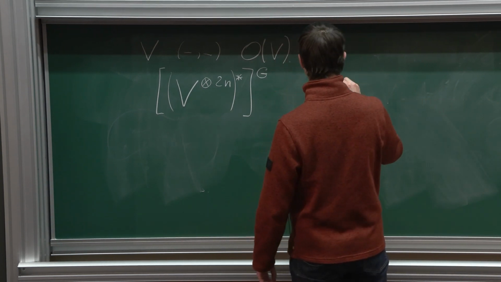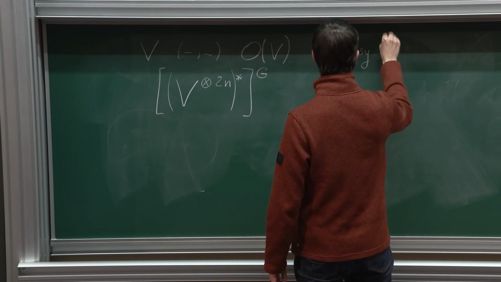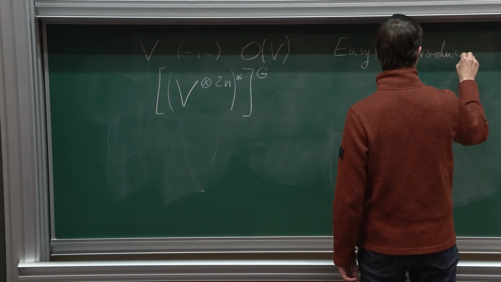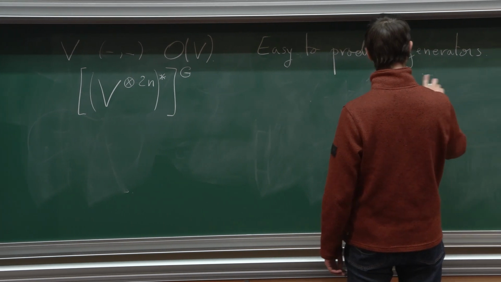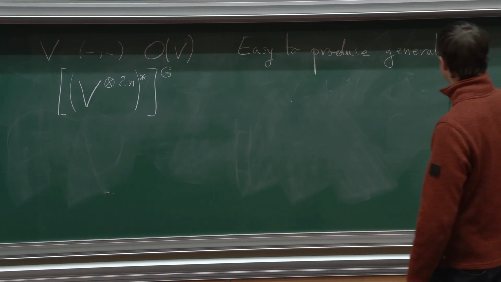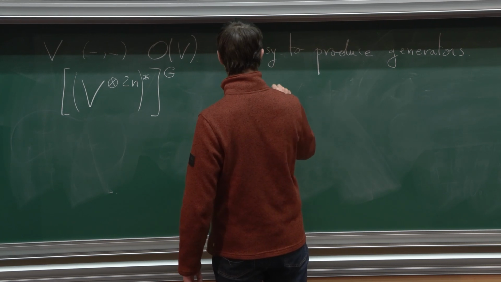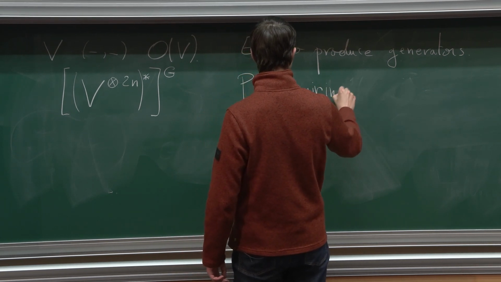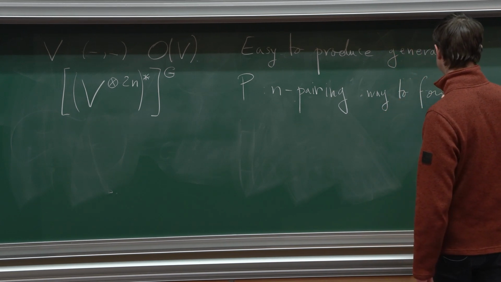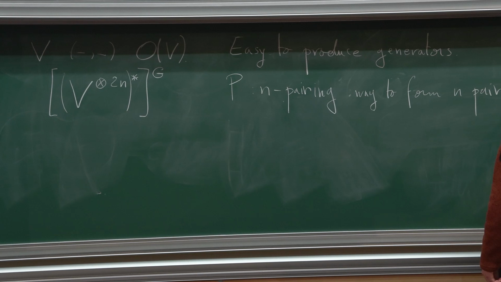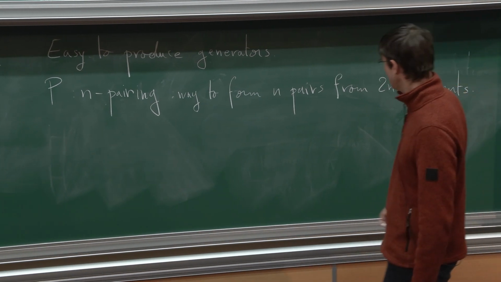The first part of the answer is that it's easy to produce generators. The generators are indexed by n-pairings. So I will fix some n-pairing, which is a way to form n pairs from 2n elements.